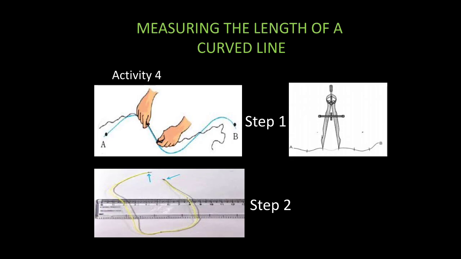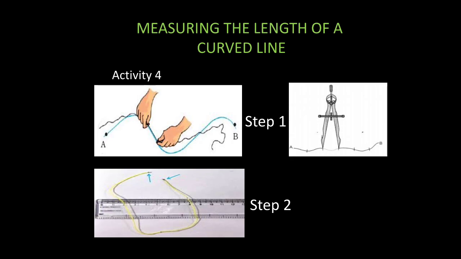What are you going to do here? You have to take a string. Some non-standard unit can also be used in this case. But then again, for accuracy, we have to take the help of a standard unit. Let us see how to do it.